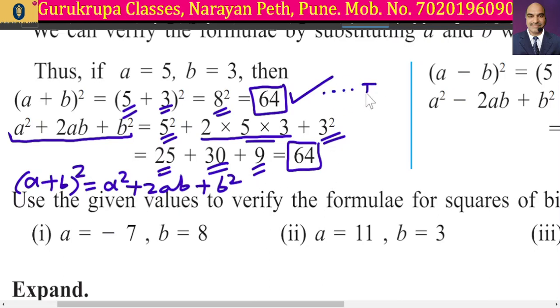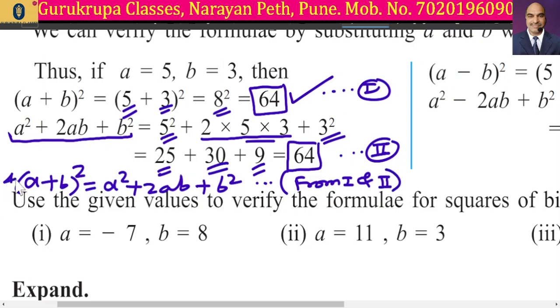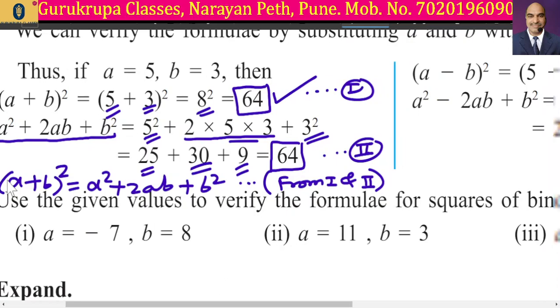So if we put statement number 1 and statement number 2, here we can say from 1 and 2, thus we have proved this formula. This expansion formula is true for any values of a and b.